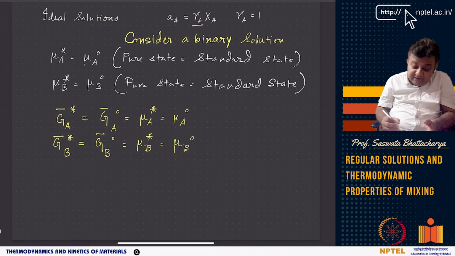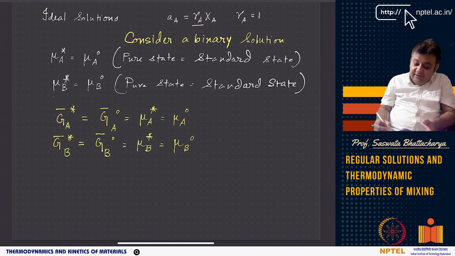Now, please note that the partial molar free energy of A in the pure state is equal to the partial molar free energy of A in the reference state. Remember, partial molar free energy is nothing but the chemical potential.